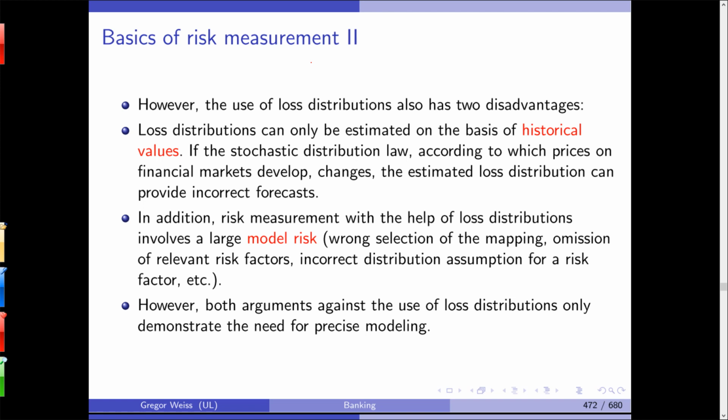And whenever you use historical data, it might be that you don't have enough data. It might be that you cannot forecast into the future using historical data, so you will have some statistical error. And in addition, even if you have appropriate data, you need to select a statistical model for your distribution. And if you select the wrong model, you get what we call model risk.